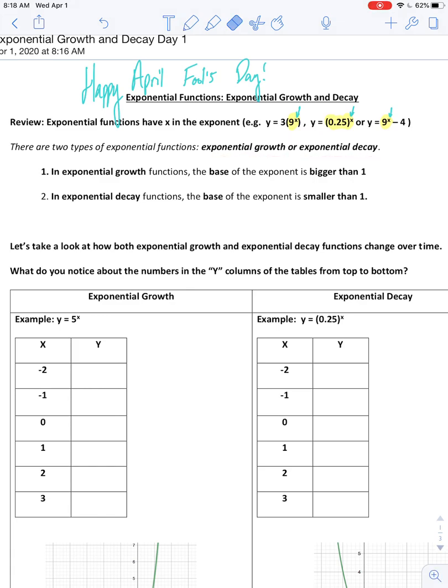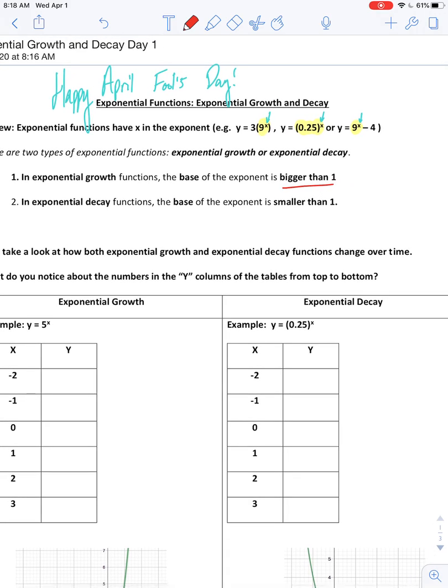So, again, I said there are two types of exponential functions. It's either going to be exponential growth or exponential decay. And this is kind of nice because it really is what it sounds like. In an exponential growth function, the numbers keep getting bigger and bigger.